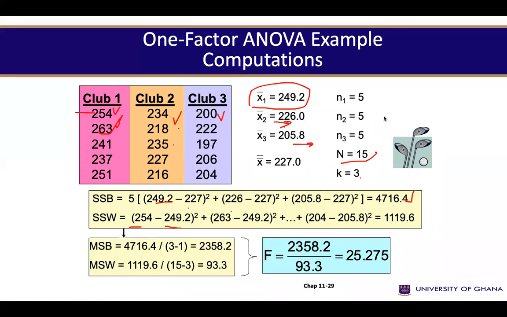Anthony, yes. My question is, how do I get the 5 in front of the SSB? Because in the first data we had 5 in front of the SSB. I understand the whole data, but apart from the 5.